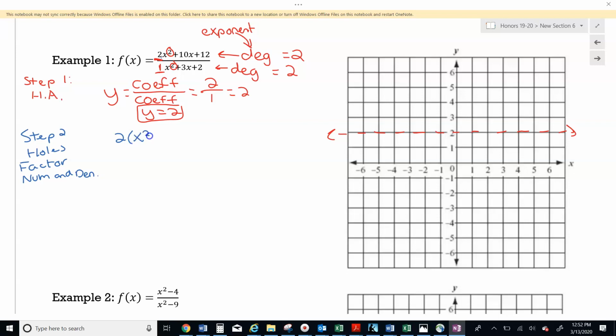I have x squared, so I have a 2 here. 2 and 3, add to 5, multiply to 6. Okay. 2 and 1, multiply to 2 and add to 1.